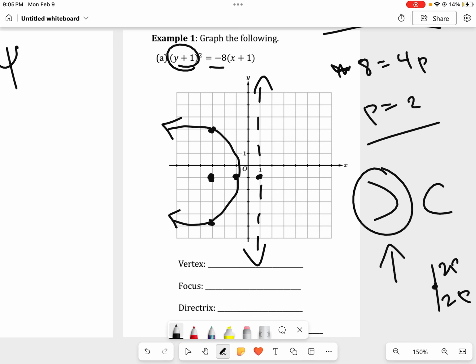So that's pretty much what we did. Now we just have to answer the questions. The vertex was obviously -1, -1. Our focus is right here, it's -3, -1.